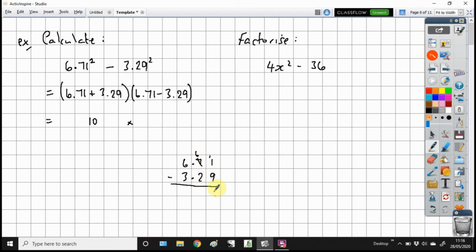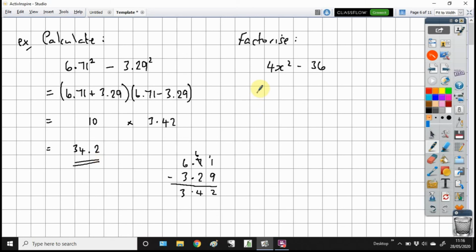Take my time, do it carefully. 3.42, so that's 3.42. And the answer, all of a sudden, is 34.2, exactly. You can check it on a calculator yourself. And so occasionally you will see the difference of two squares popping up in that sort of context.